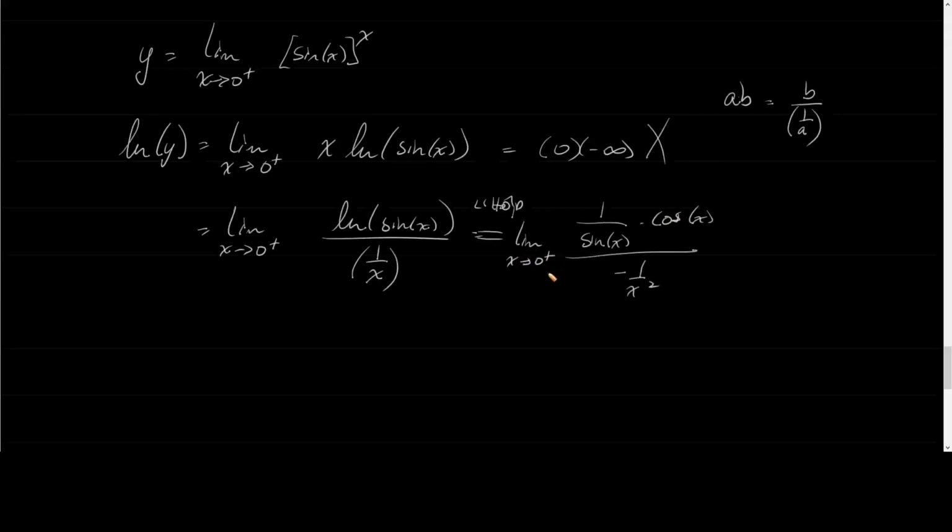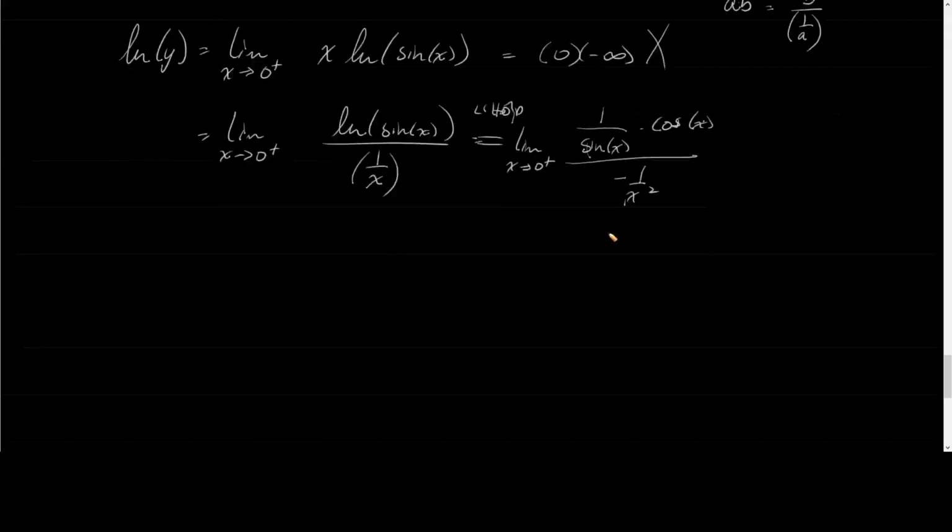At that point, if I plug in the 0, negative 1 over 0, we don't like that. Cosine of 0 is fine, that's 1. Sine of 0, we don't like that, it's in the denominator. So let's rewrite it because we definitely can't plug it in yet. I end up with the limit as x approaches 0 from the right of negative x squared times cotangent of x.